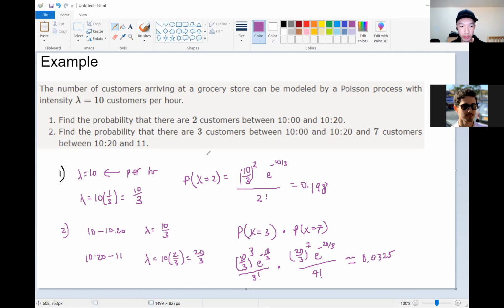This is a good example of a Poisson process problem. So any questions for that?